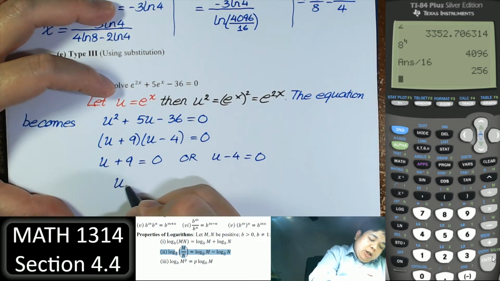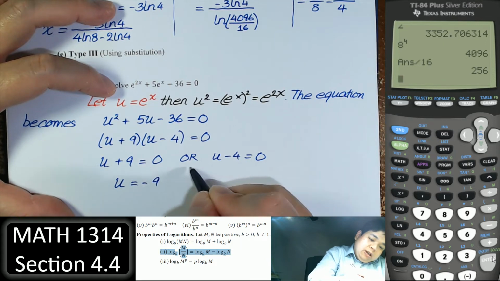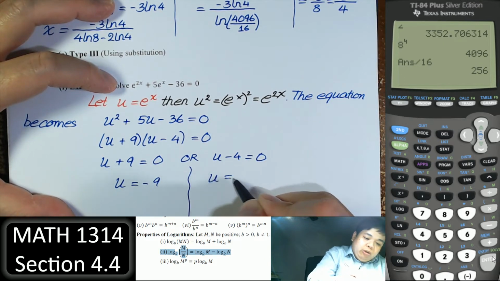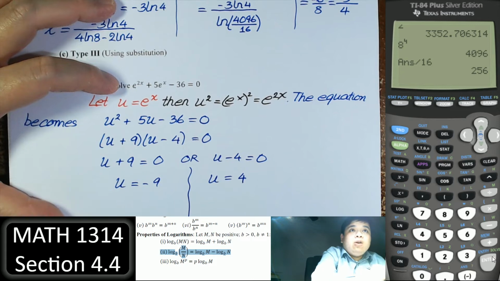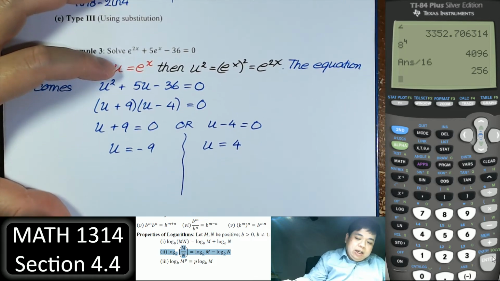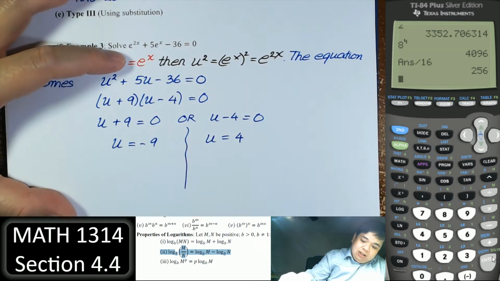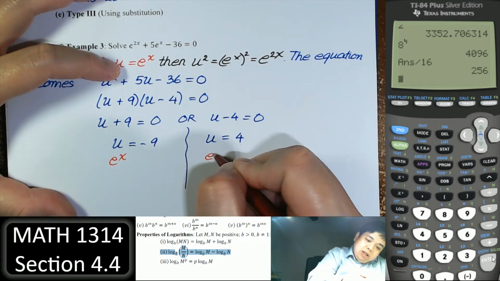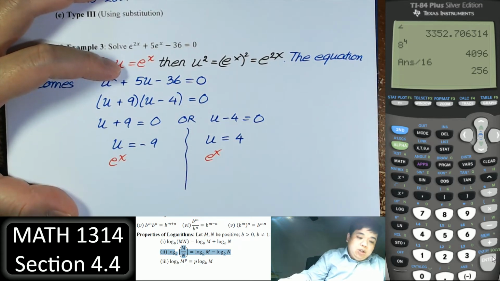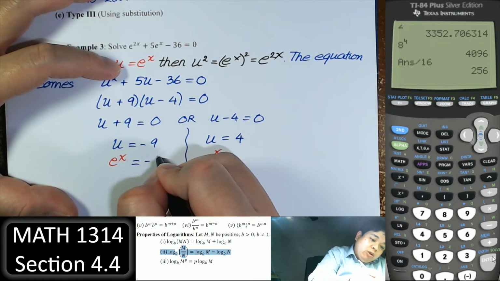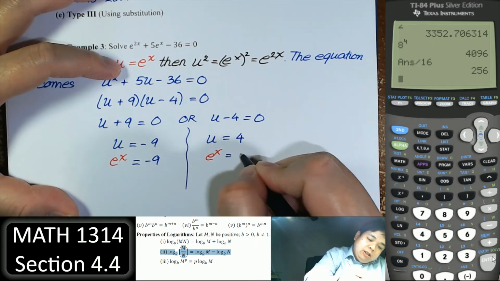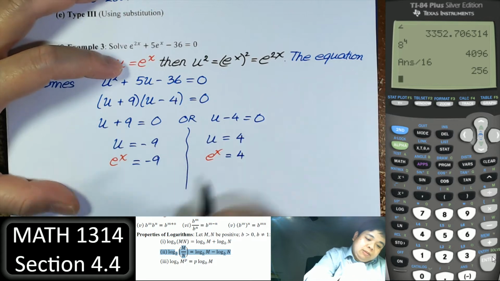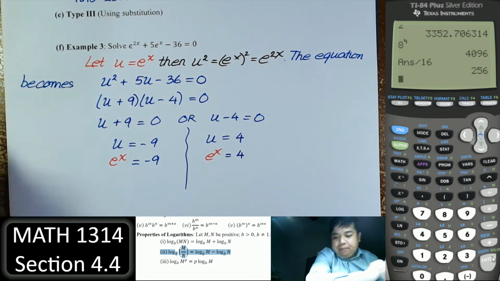And that gives us u equal to negative 9, or u equal to 4. Right. Now u is e to the x. So I substitute back e to the x for u, and now we solve for x.